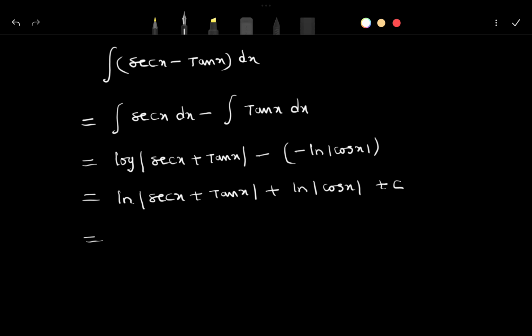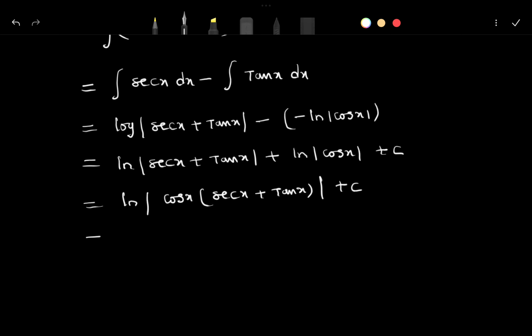Log a plus log b, you can write as log of a into b. So you can write ln, where ln means log of base e. So this will be cos x into secant x plus tan x, plus c.